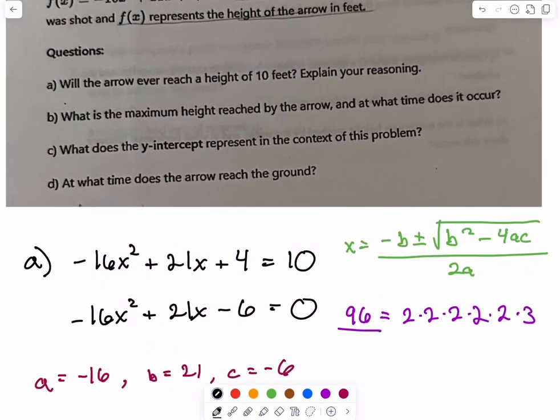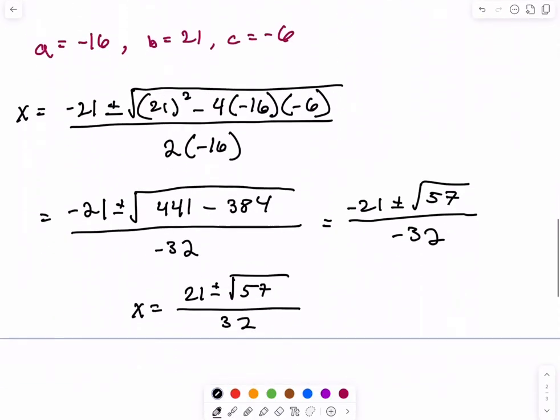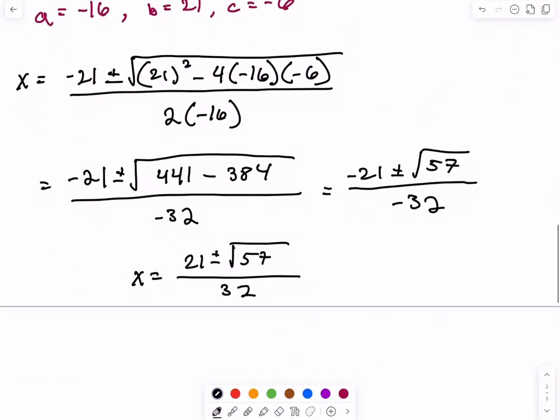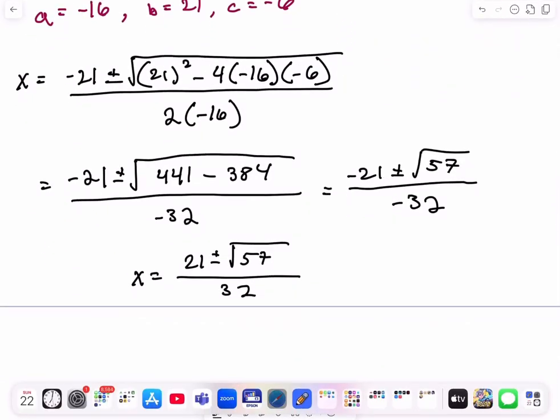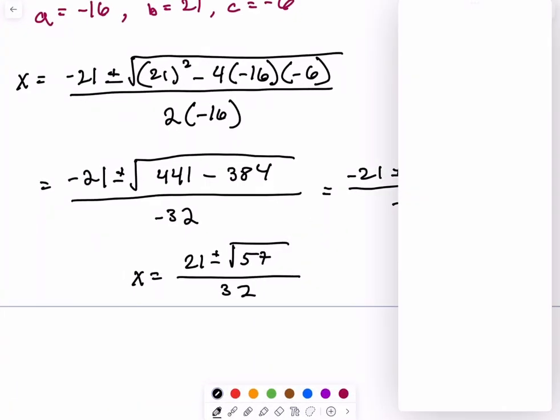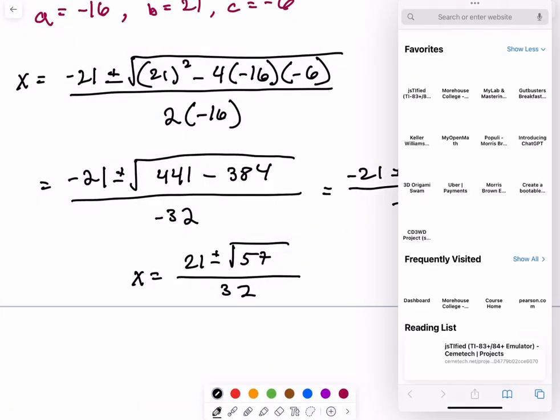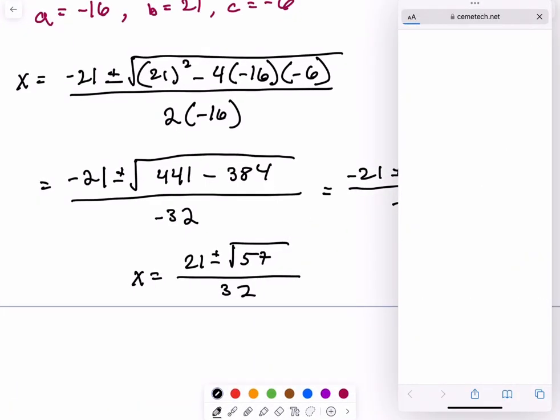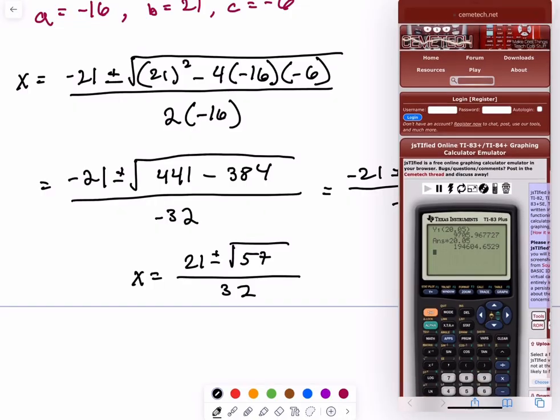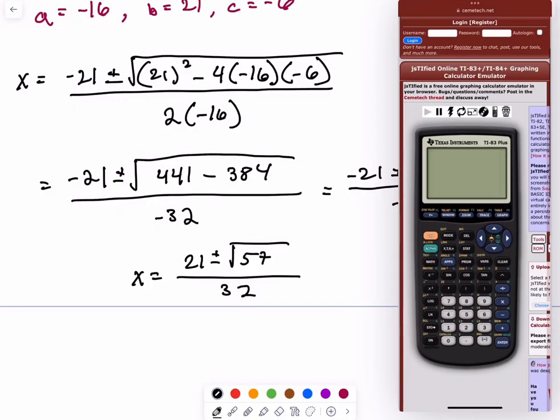Will the arrow ever reach a height of 10 feet? Let me see what these numbers are. So if I pull up my calculator, reload and refresh. Okay.